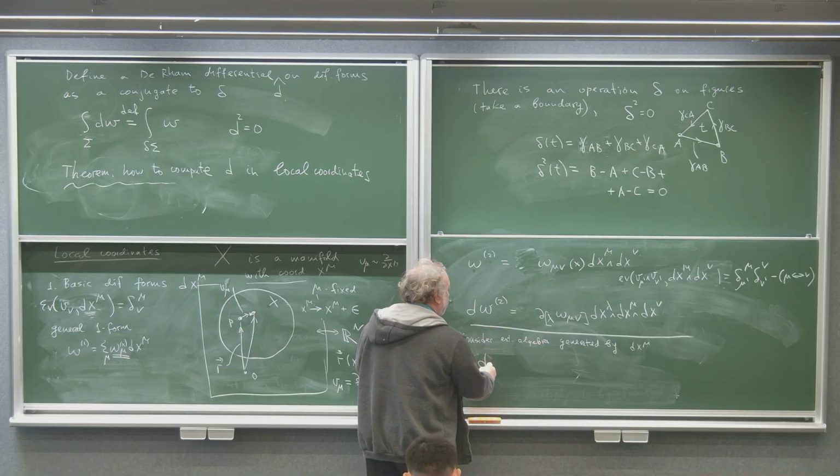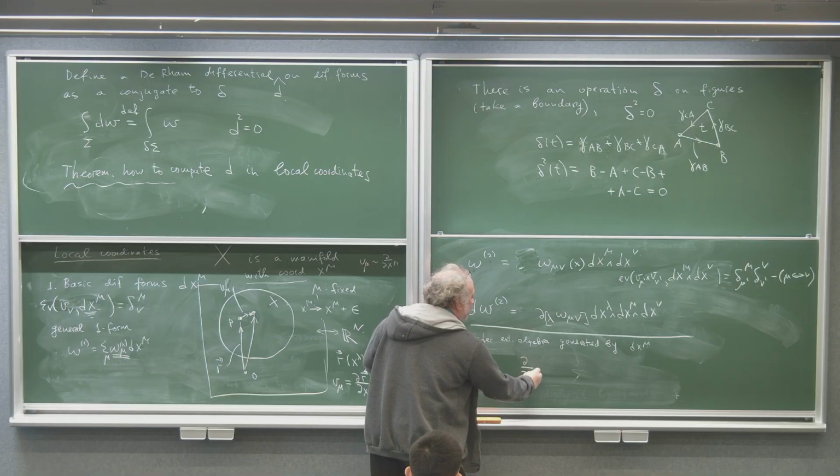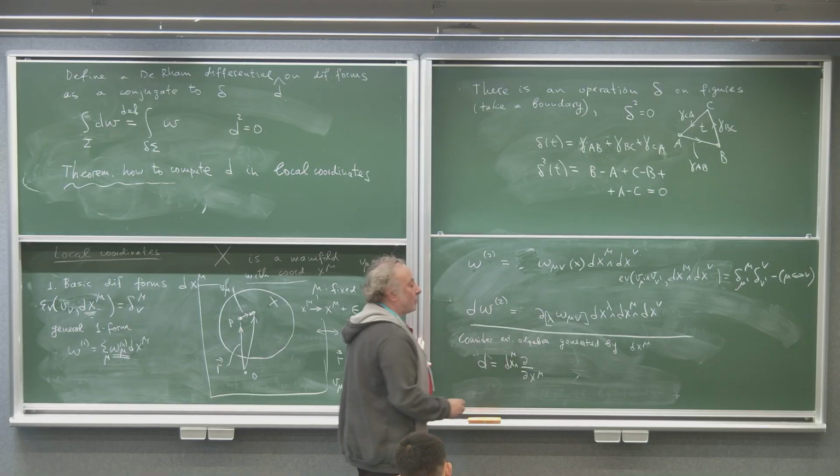Then d is the map from 0 to taking the external derivative.